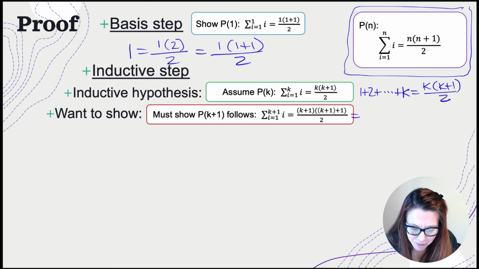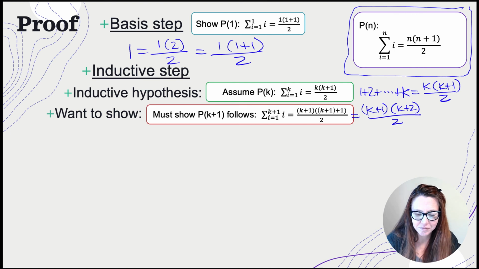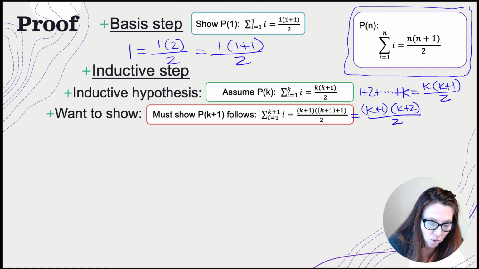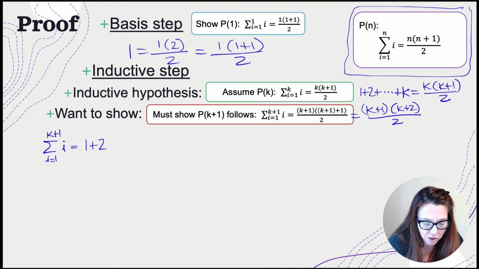And we can see that's the same as saying k plus 1 times k plus 2 all over 2. All right, so how do we start that? Well, the sum of those first k plus 1 digits, i equals 1 to k plus 1, is just 1 plus 2 plus ... plus k plus 1.